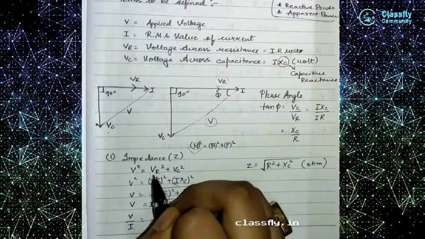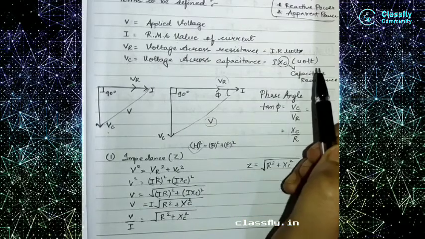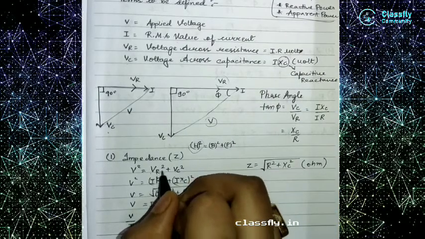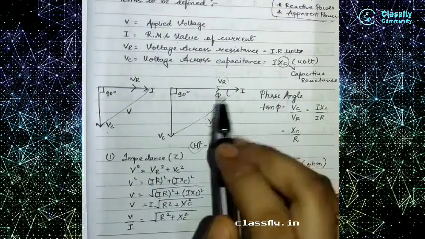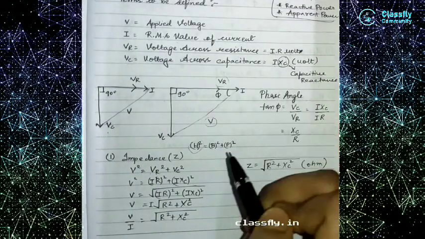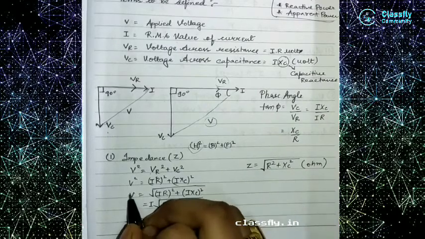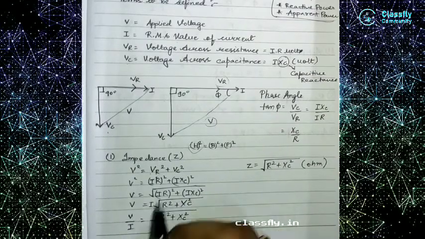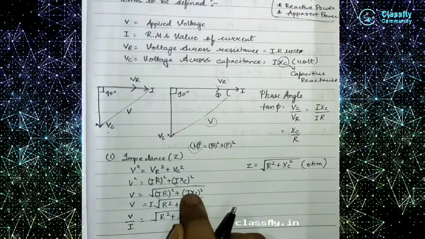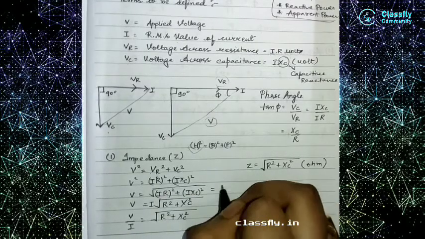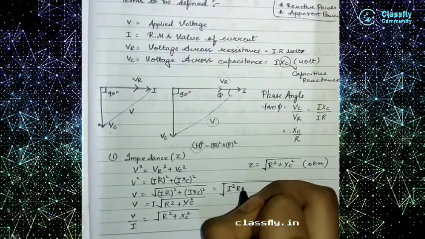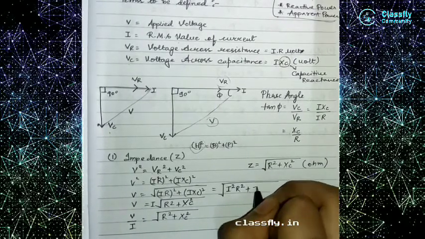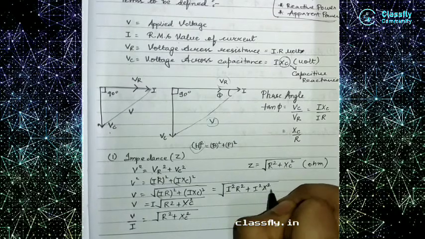Now we can write that VR is equal to I into R. So we will change VR to IR and VC to I XC, that is the current and the capacitive reactance, and we will put the square root. When we square each of them, we get I square R square plus I square XC square.